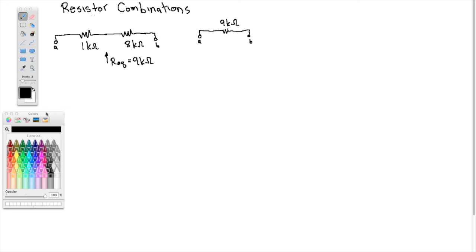The question that most students get wrong is the following. What does it mean to have an equivalent resistance? We talk about equivalent resistances a lot in physics.